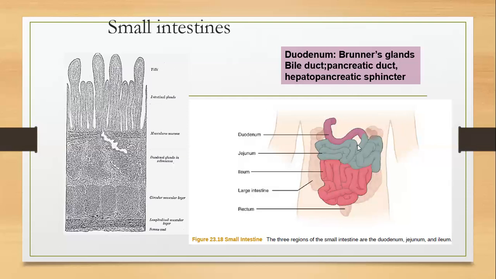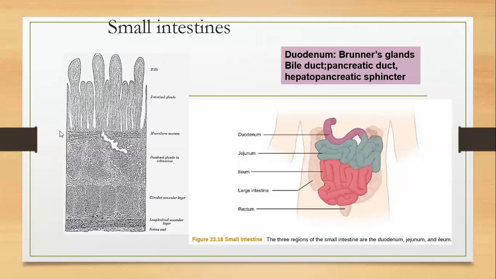So if you look at a cross section of this portion, we start with the duodenum. Cut a cross section of the duodenum and expose the lumen. So the diagram towards the left is a section through the duodenum, showing you the lumen where my arrow is.